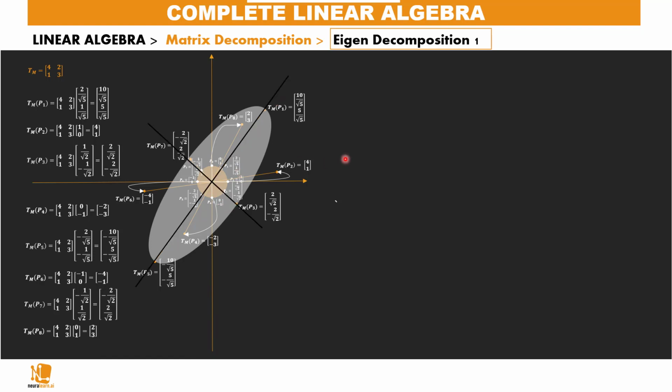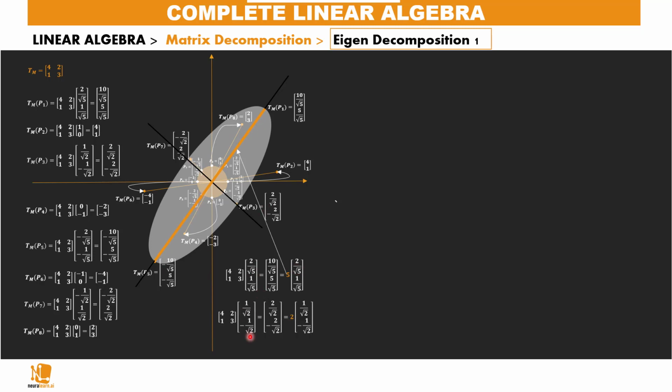And in this case, space is stretched in this direction 5 times and in this other direction 2 times. And we have this eigenvector, which is multiplied by 5 simply. And that's what we have. Then this other eigenvector multiplied by 2. And this is what we have.